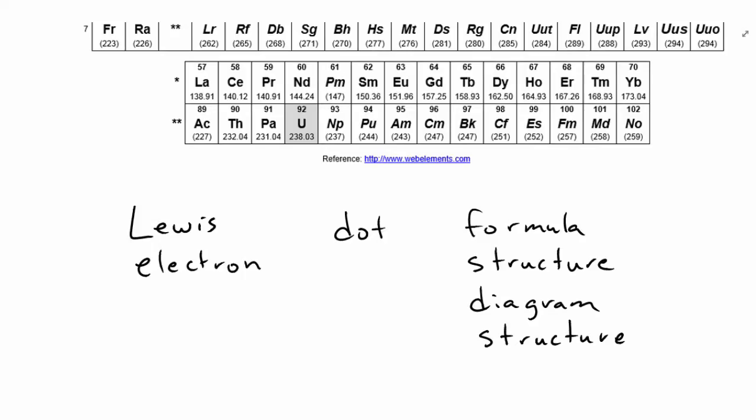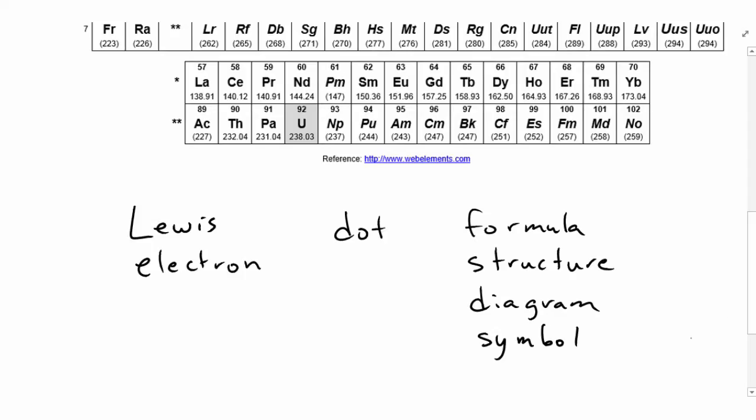Why do you have 2 structures in the third column? I don't know, I must have done it wrong, because I meant to say symbol. How does that sound? Now we have 4 different words. So we can talk about the Lewis symbol, and it would be the same thing. Thank you for noticing that.